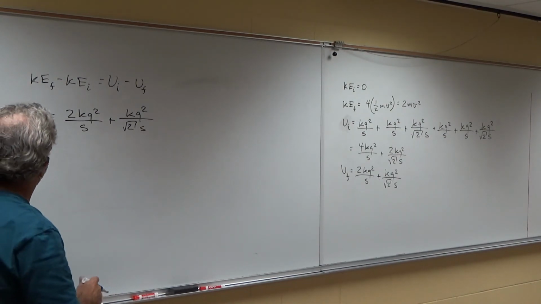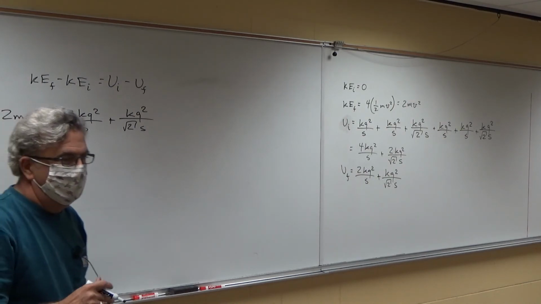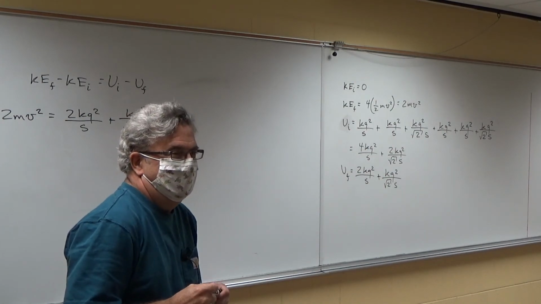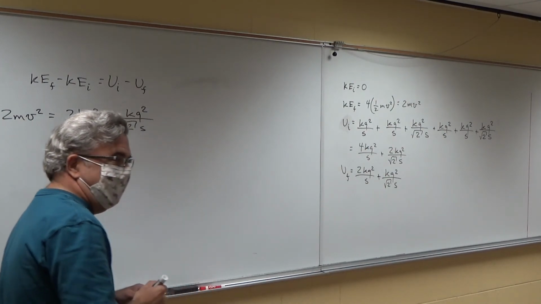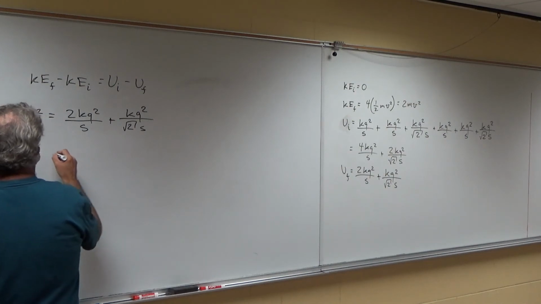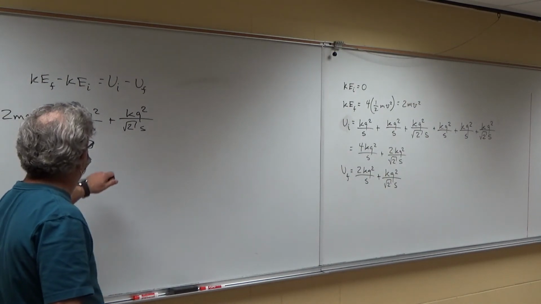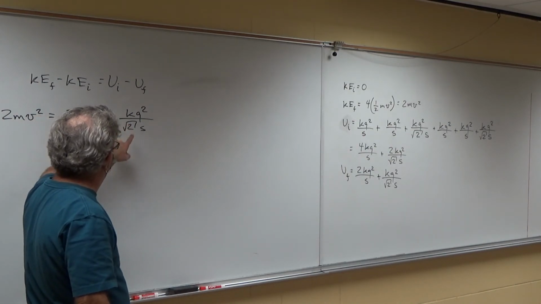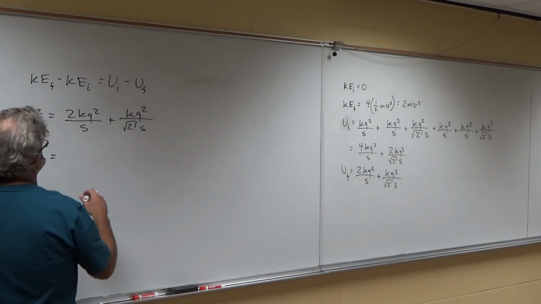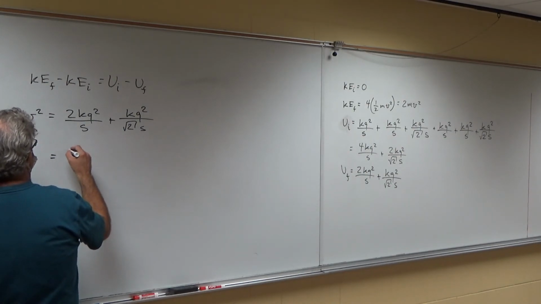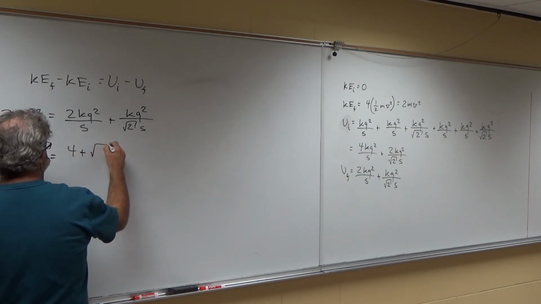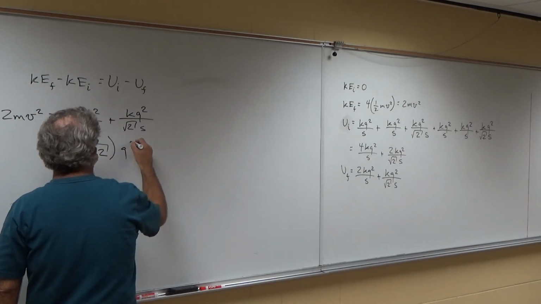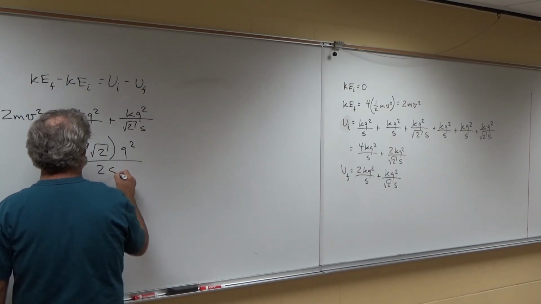Solve for v. I don't know. Leave that as an exercise for the student. Find the common denominator. All right, I'll go through some of the pain. Let's see. 1 over the square root of 2 is square root of 2 over 2. So that gives you a 4 plus the square root of 2 times kq squared over 2s.